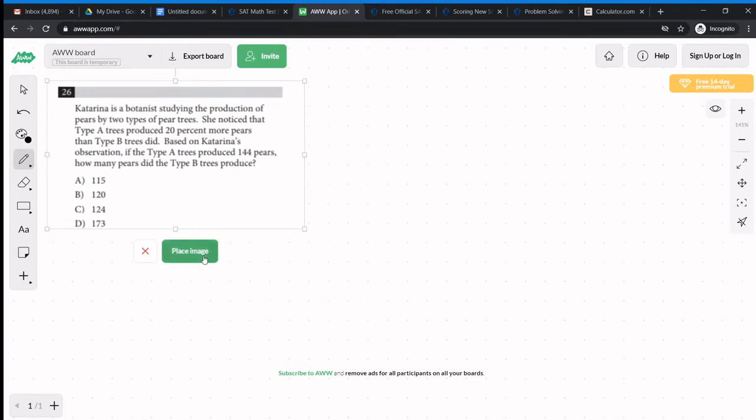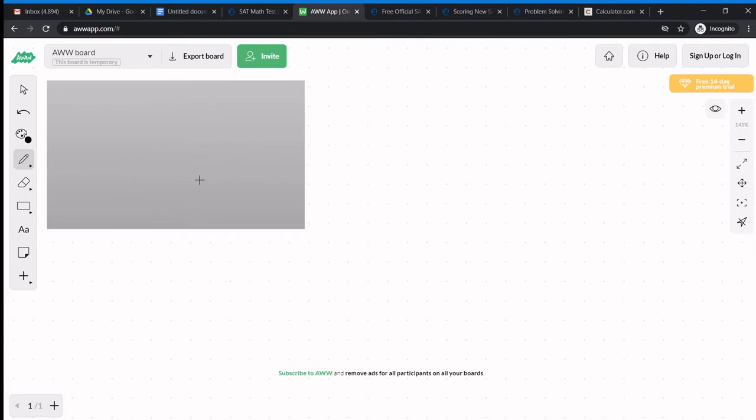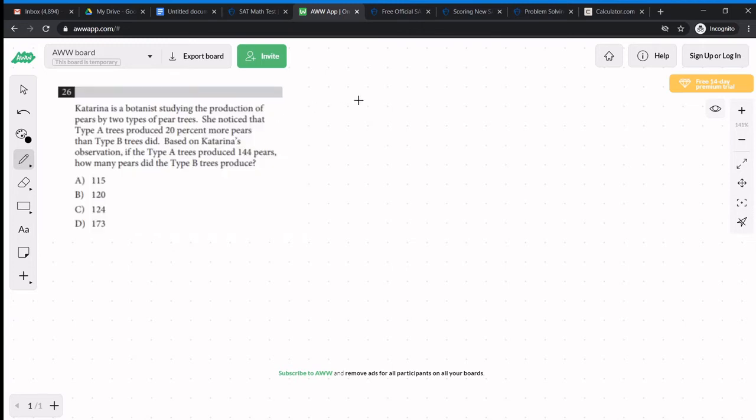Alright, Katerina is a botanist studying the production of pears by two types of pear trees. She notices that type A produces 20% more than type B. Based on her observations, if type A trees produce 144, how many did type B produce? So it's 20% more.